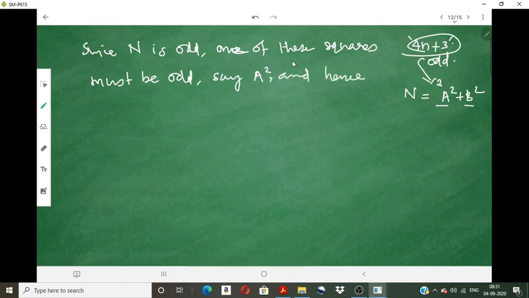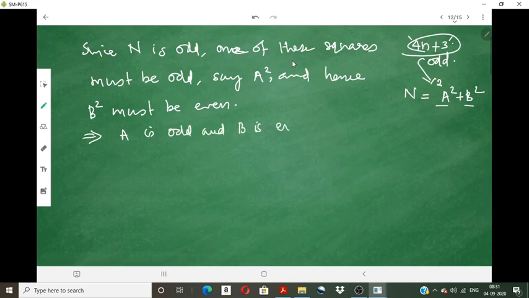Hence the other square, b square, must be even. So a is odd and b is even.